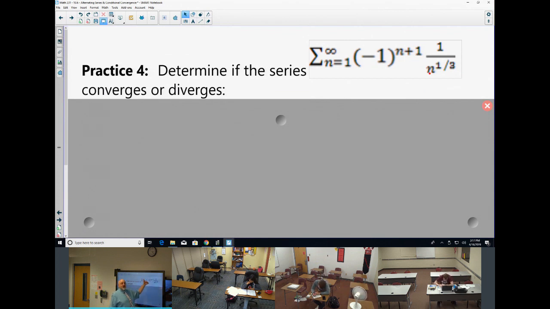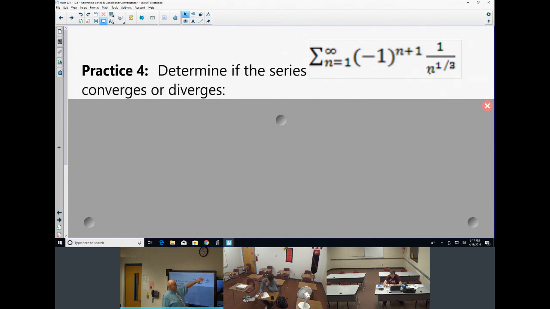Or we can do the alternating series test. So let's just cover this up and look at 1 over n to the 1/3. Does that series converge or diverge? It diverges.